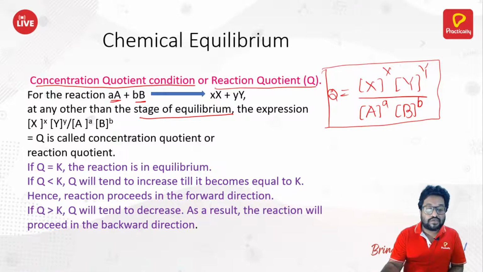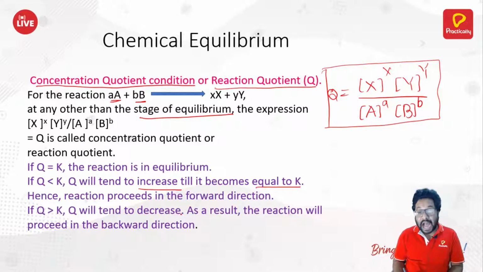Why? Because it wants to make Q equal to K. That is why when Q is less than K, the reaction will tend to increase till Q becomes equal to K. And that is how the reaction will go in the forward direction.